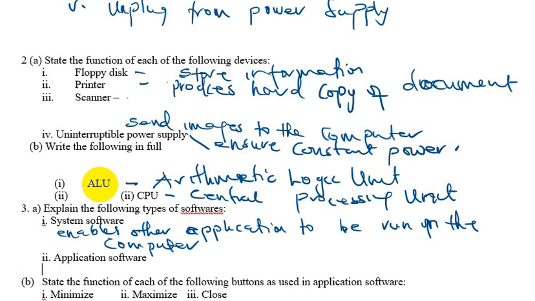Okay, then application software. So system software is like Windows. Okay, like Windows, like OS and the rest. Now application software is also a program that helps the user to perform a specific task.